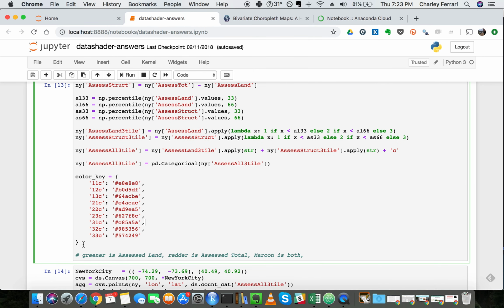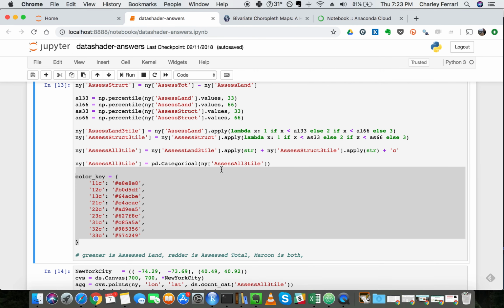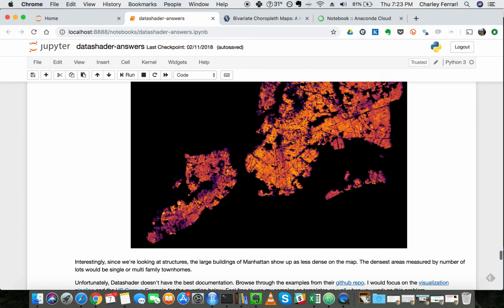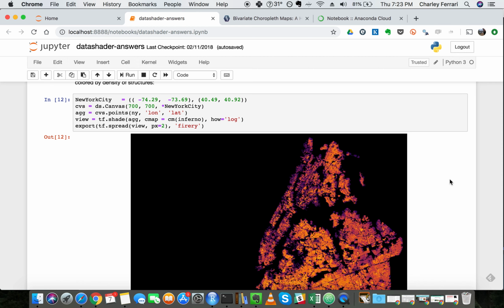So here I'm just building my color key. I just manually grab that from what we have at the end here. I believe I'd mentioned in the questions in the notes here that I haven't really found a good way of labeling Datashader pictures. Datashader is, I believe, meant to be used more intensely with the Bokeh ecosystem, and I think with some visualizations there they allow you to add that.